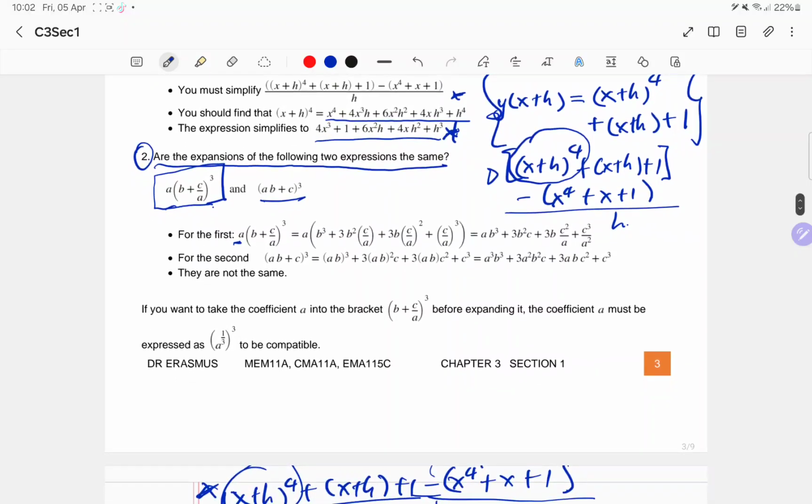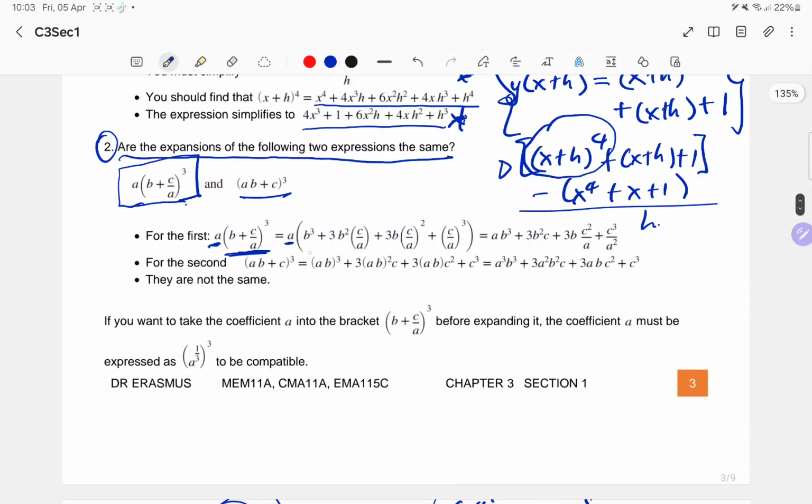So you expand, you keep your a outside, then you expand the cubic. If you expand this, you should be able to get this term inside the bracket: b cubed plus 3b squared times c over a plus 3b times c over a squared plus c over a raised to the power 3.